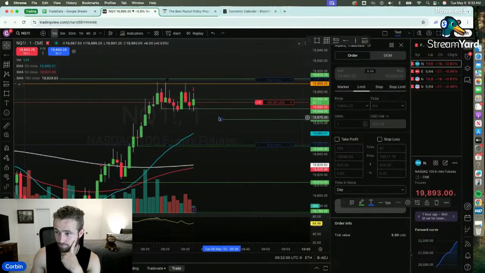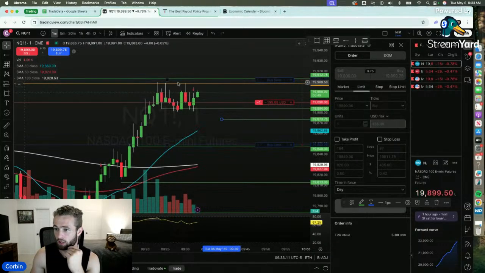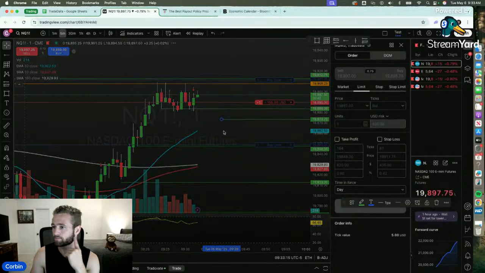Tested it twice. We did technically have break of structure here. So that is what I'm betting on, is that break of structure right there. Could we be wrong? Yes, absolutely. We could be wrong. But that's why I'm leaving my stop above that level. I mean, if it just rips, it can do that.